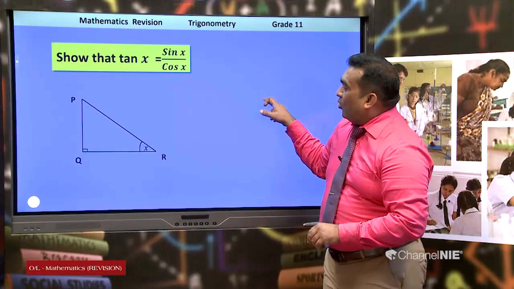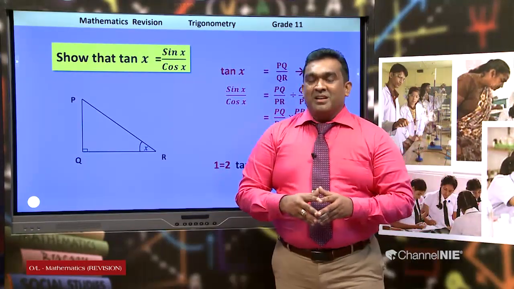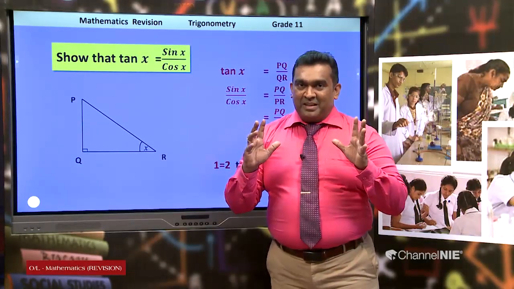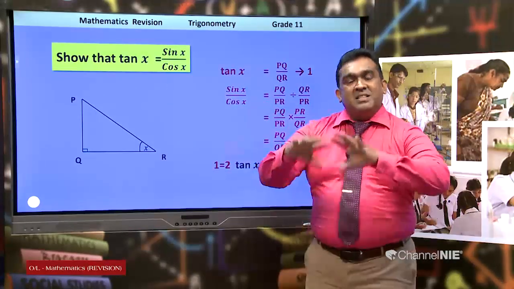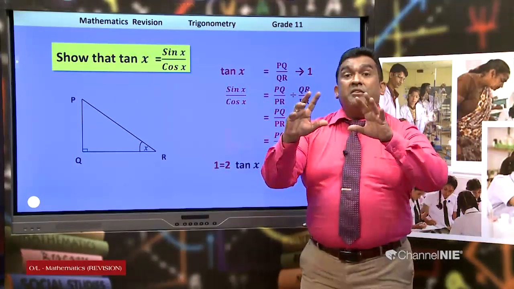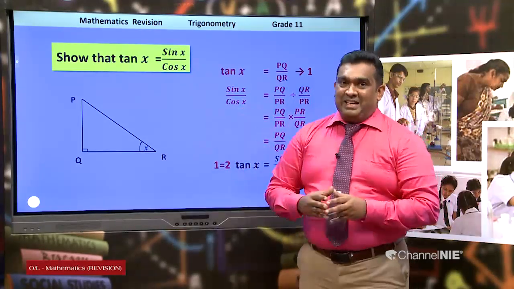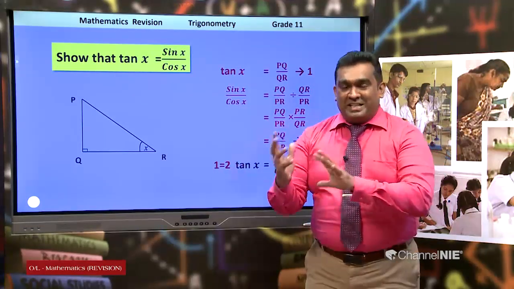Usually, when showing a mathematical relation, there are so many ways of proving. The basic way is you can take the left hand side, simplify and use the definition for the left hand side. Then you can get the right hand side. Then simplify, or otherwise use the definition for the right hand side.